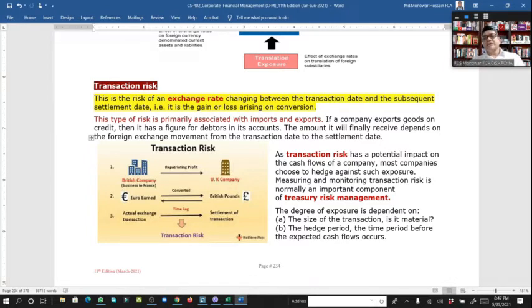If a company exports goods on credit, it has a figure for debtors in its accounts, and the amount finally received depends on the foreign exchange movement between the transaction date and the settlement date. As transaction risk has a potential impact on the cash flow of a company, most companies choose to hedge.